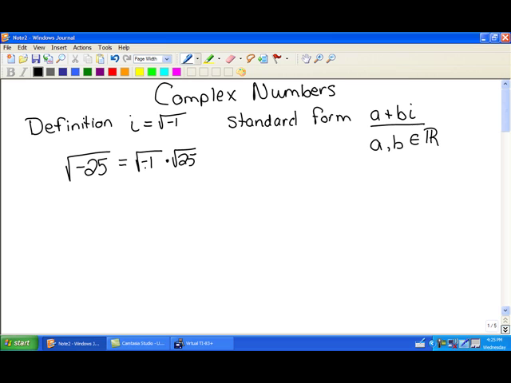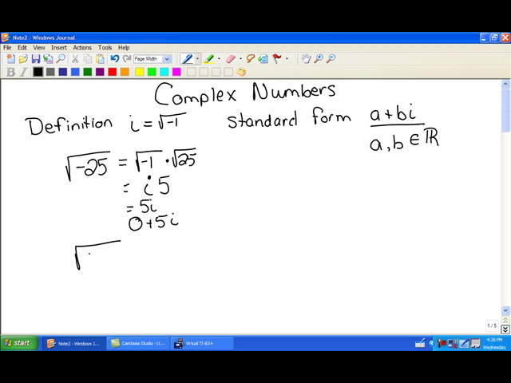Well, we know that the square root of -1 is our new definition for i, and the square root of 25, of course, would be 5. So the square root of -25 can now be called 5i. In standard form, that would really be 0 + 5i, where a is 0. b, or the coefficient of i, would be 5.